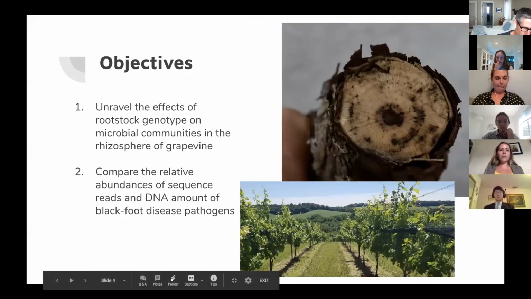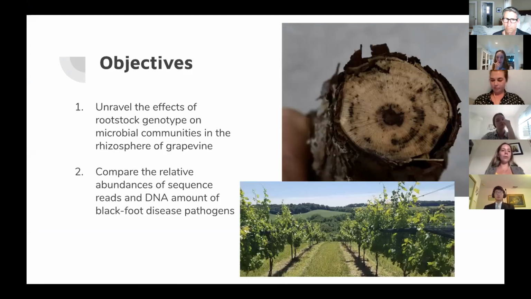The objectives of this research were to unravel the effects of rootstock genotype on microbial communities in the rhizosphere of grapevines, and to compare the relative abundances of sequence reads and DNA amount of Blackfoot disease pathogens.